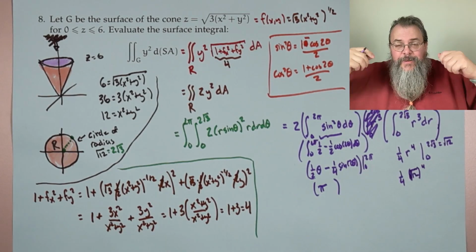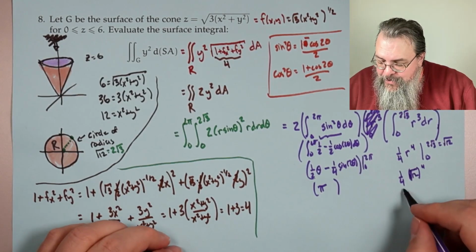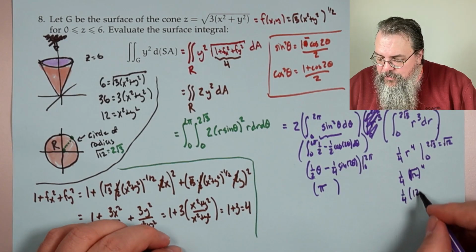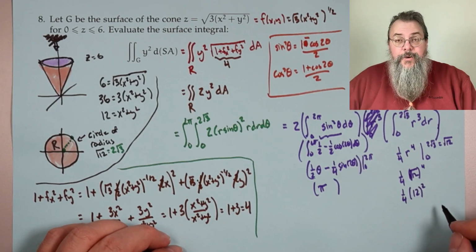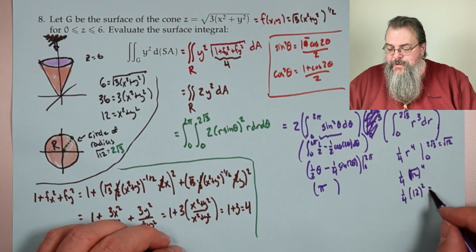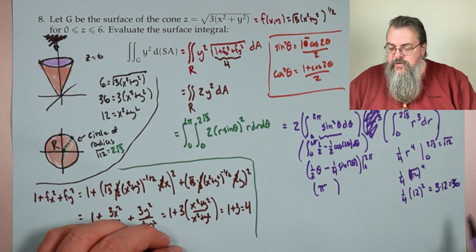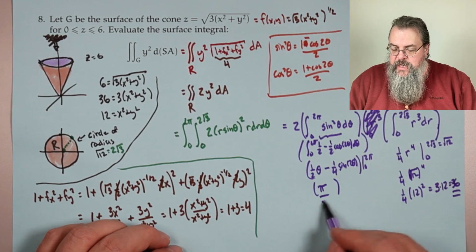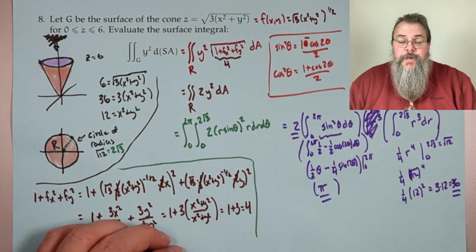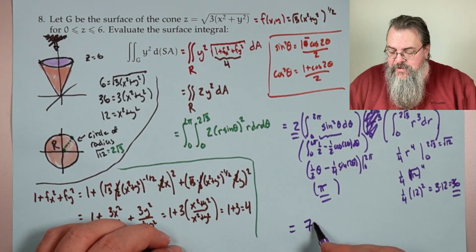If I take something to the 4th power, it's like a square and a square. So this is like 1/4 of 12 squared. And that's easier. In fact, I can think of it as 1/4 times 12 times 12. And 1/4 times 12 is 3 times 12, which is 36. So we have 36, pi, and 2. Put them all together, and we're left with 72 pi.